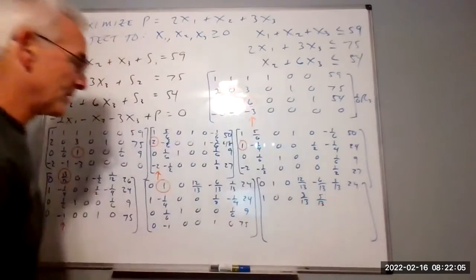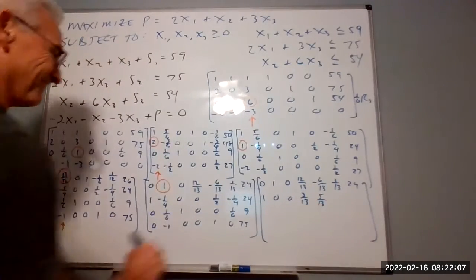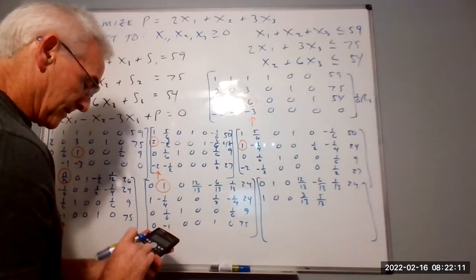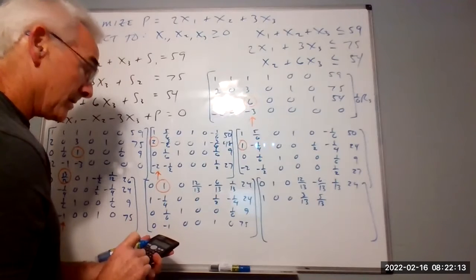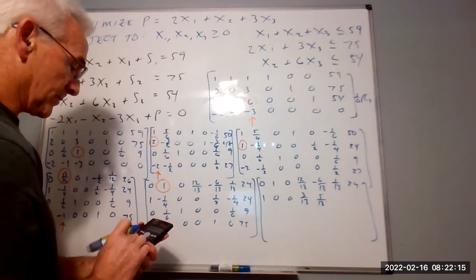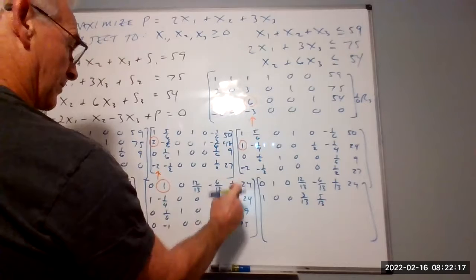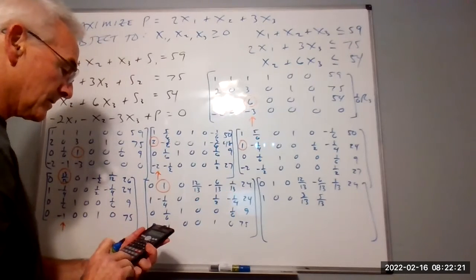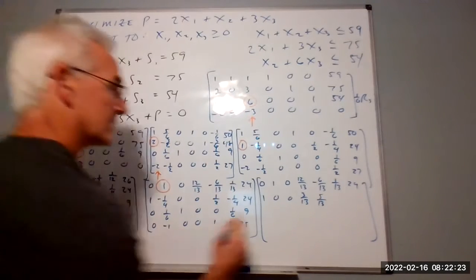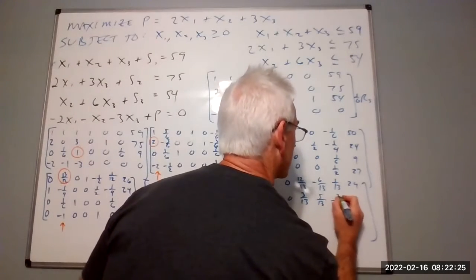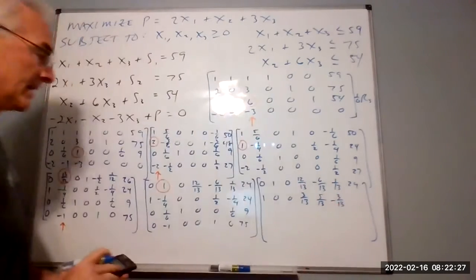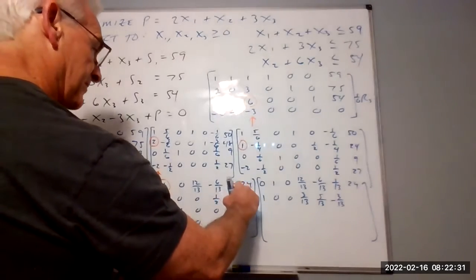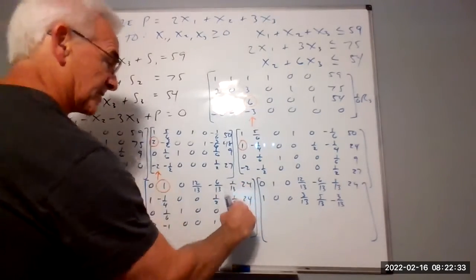You don't need to do that in your head. 1/4 here, so I have 1/13 times 1/4, and I'm going to subtract 1/4. And that gives me negative 3/13. And finally, I'm going to take 1/4 of this, that'd be 6, and add it to 24.